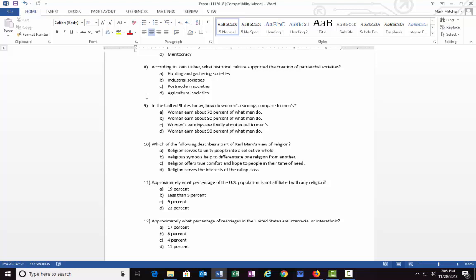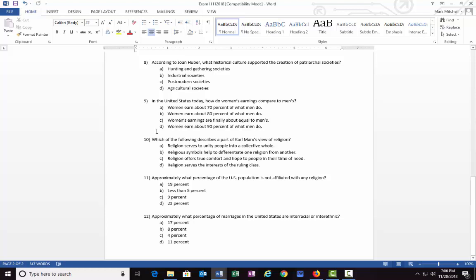Now the other societies do have a difference in wealth, so those are all viable options. But the one where we start to see patriarchies develop in the world and world history would be with D. D comes before both B and C. So D is your best answer there, according to Joan Huber and her thoughts about what type of culture actually supports the patriarchy.